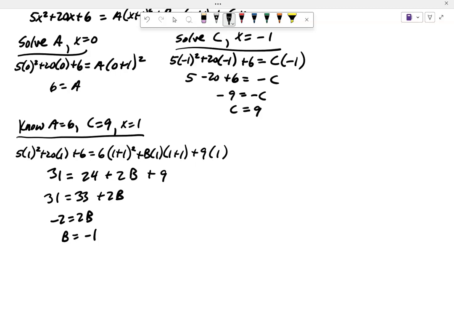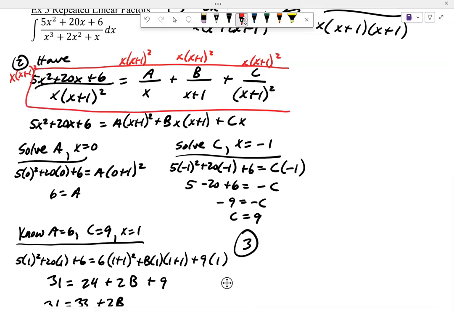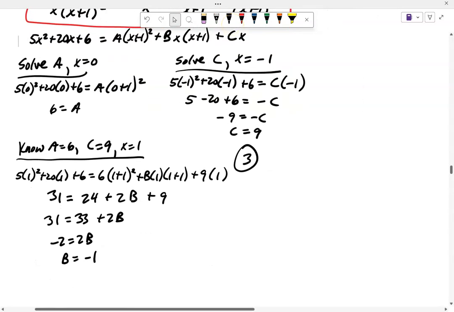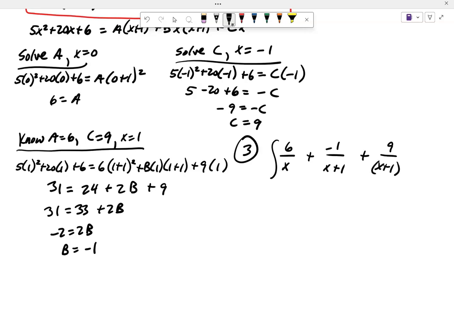So finally, this becomes step 3. So I'm going back to this here, right? Now that I know A, B, and C, I can set this up as A over x, so 6 over x plus B over the x plus 1 plus the C over x plus 1 squared.